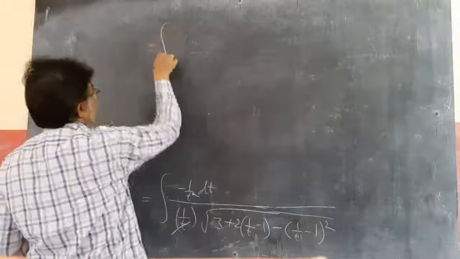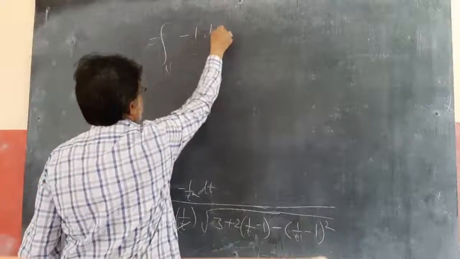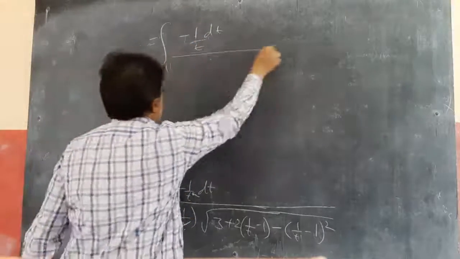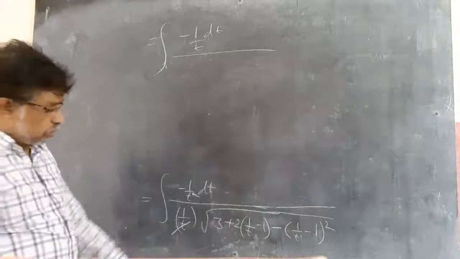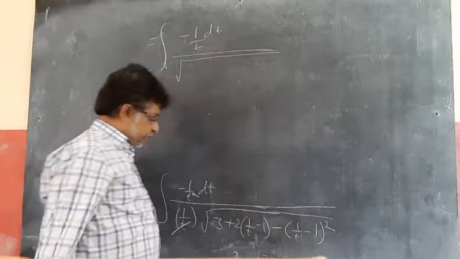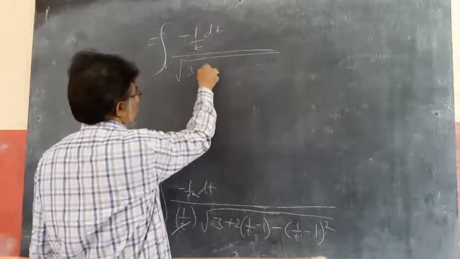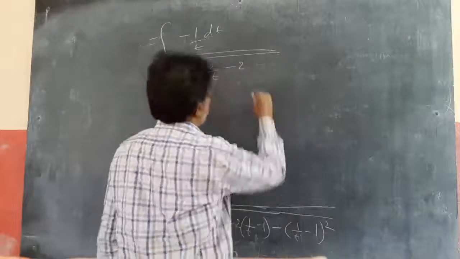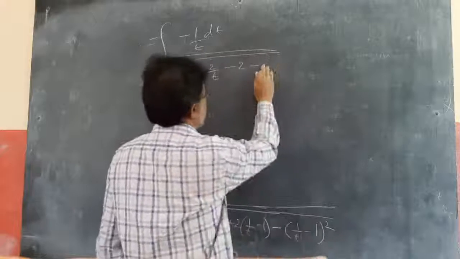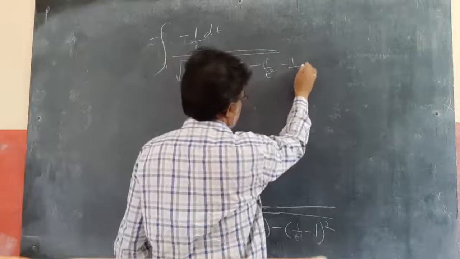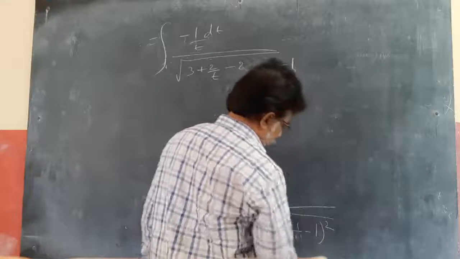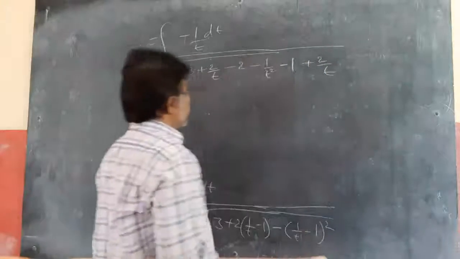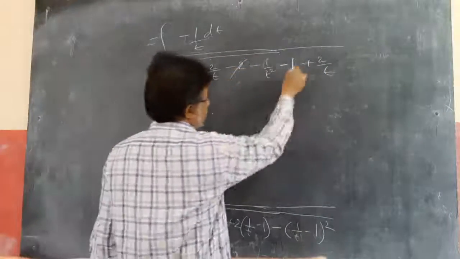Left out is integral of minus 1 by t dt, by square root of what is left: 3 plus 2 by t minus 2, minus (a minus b) whole square, which is a square plus b square minus 2ab, so minus 1 by t square, plus 2 by t, plus 2 by t. Plus 3 minus 3 cancels.